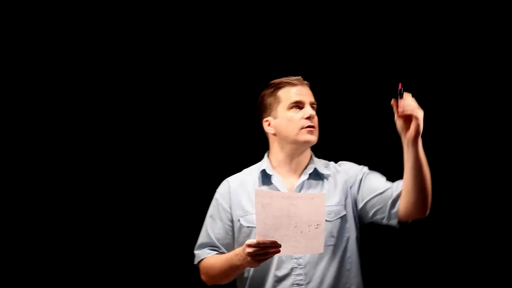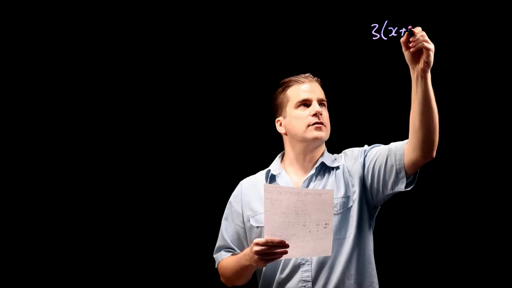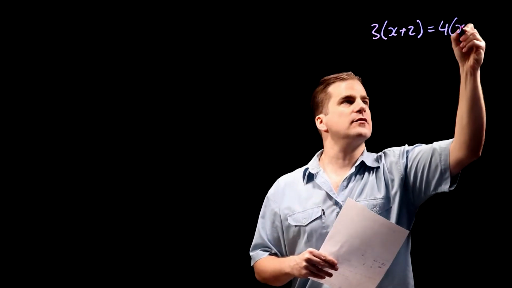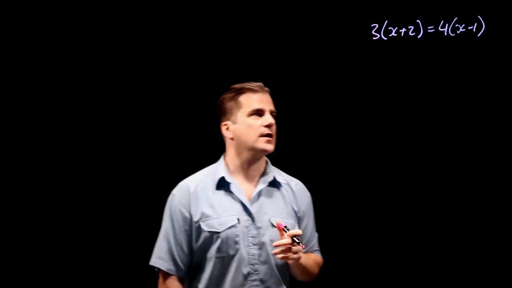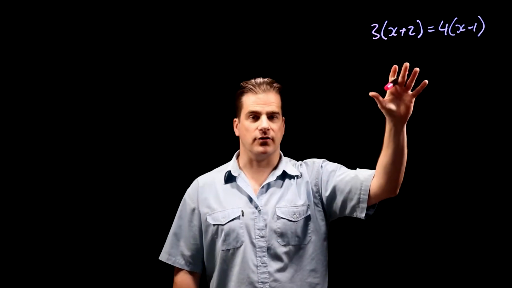So let's do 3 times x plus 2 equals 4 times x minus 1. Okay, so we're going to have to multiply out the brackets to solve this.